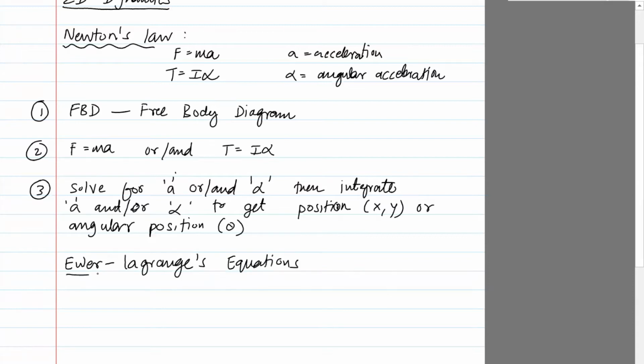So this is another way to find, by the way, I should say Newton's laws basically give us the equations of motion.